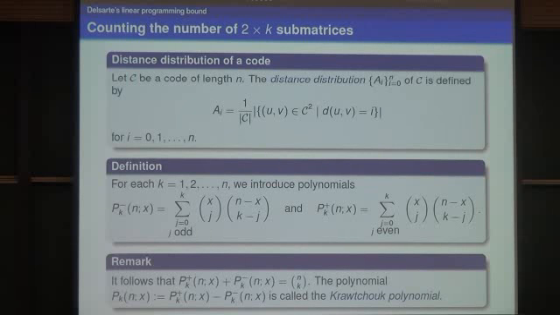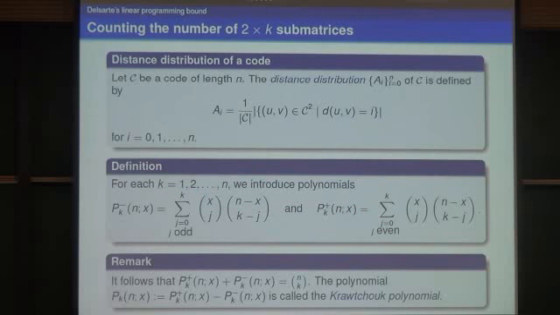Now we prove the Delsarte linear programming bound for binary codes. But first, let me define the distance distribution of a code. You count the pairs U, V at distance i, and you divide by the size of the code. We introduce the polynomials P minus and P plus, which are the positive part and the negative part of the Krawtchouk polynomial.